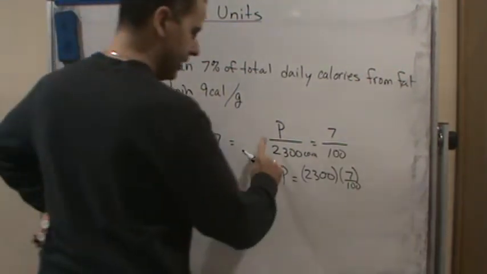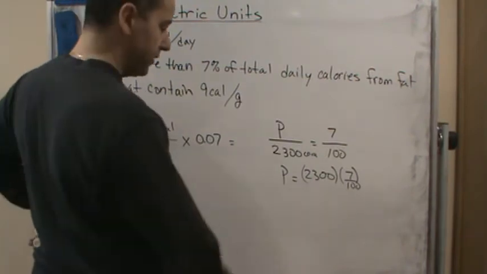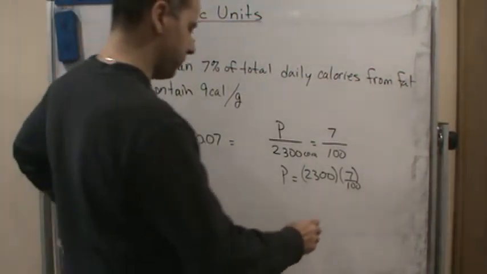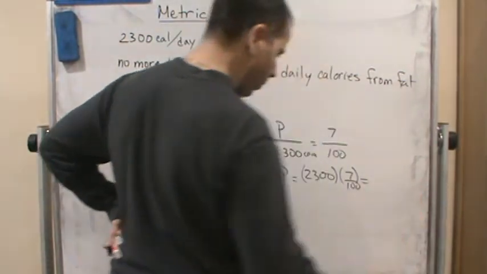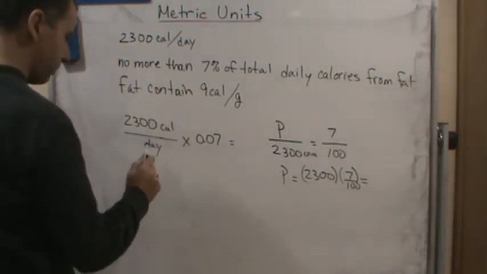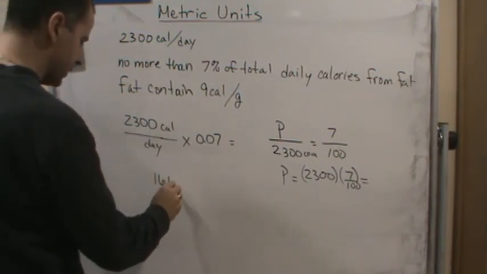So you can set up your proportion just like we did before in the previous chapter, and you can solve it this way. So that's the first step. We need to figure out what this portion is, and we get 161 calories per day.